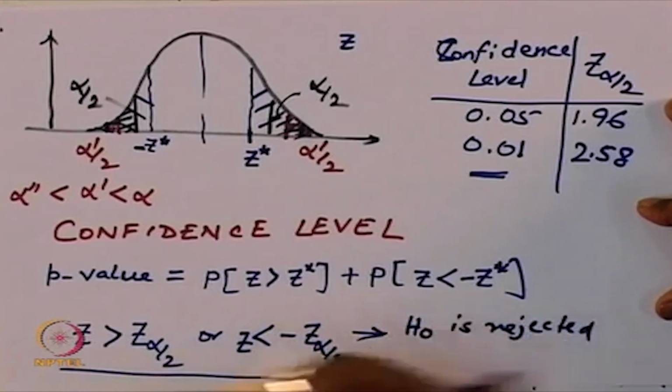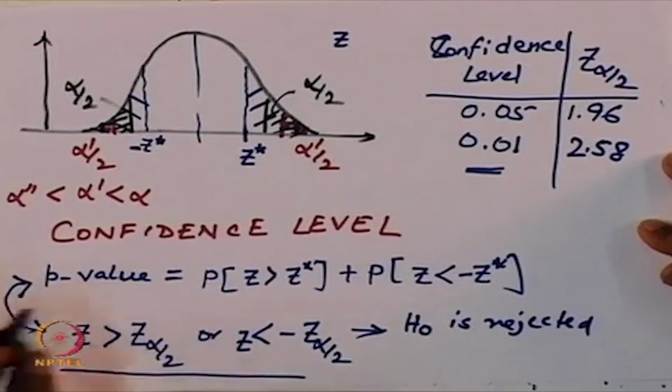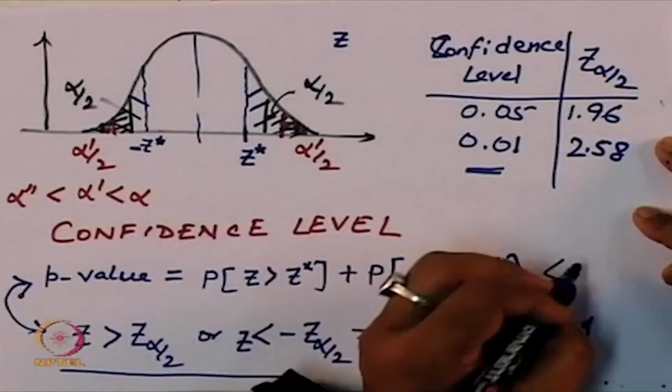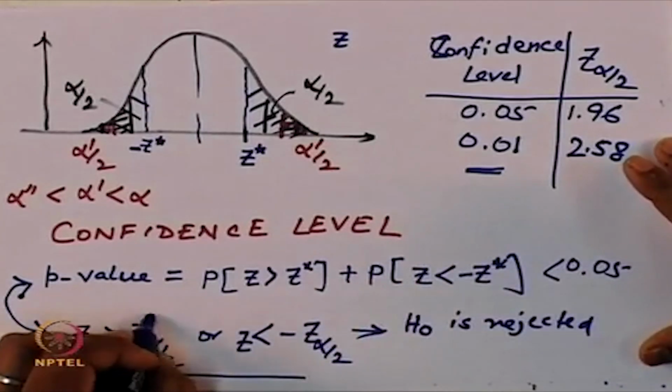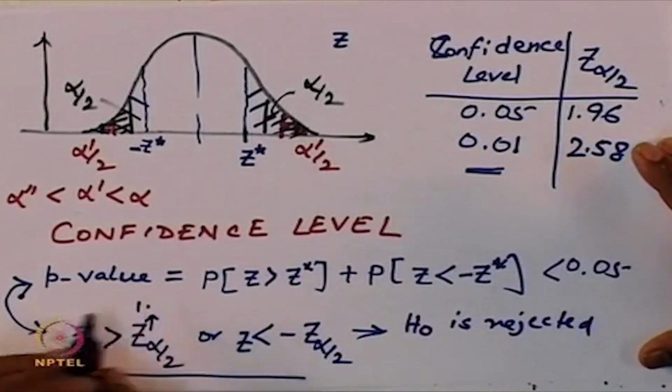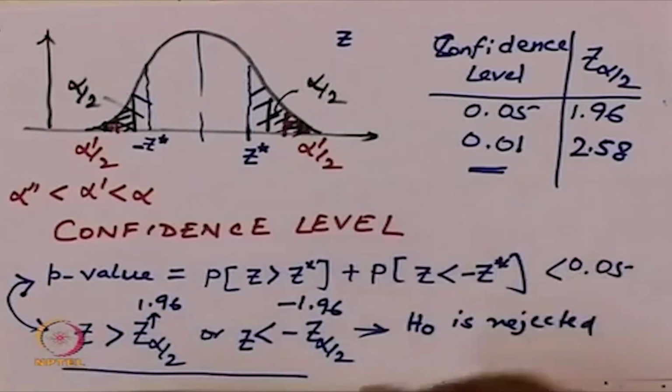So, this is an equivalent statement. A p value less than 0.05 is equivalent to saying Z is greater than 1.96 or Z is less than minus 1.96.